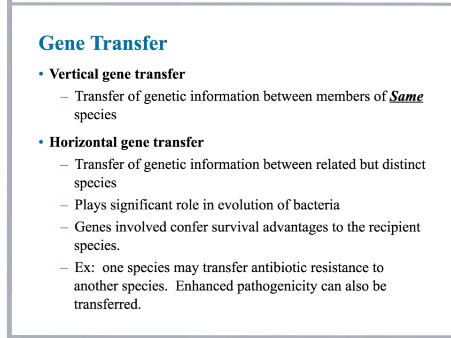For the transfer of genetic information from one cell to another, there are two different types. The first is vertical gene transfer, the transfer of genetic information between members of the same species. You can't have two different species vertically transferring genetic information. But when it's horizontal gene transfer, the genetic information gets transferred between related but distinct species.